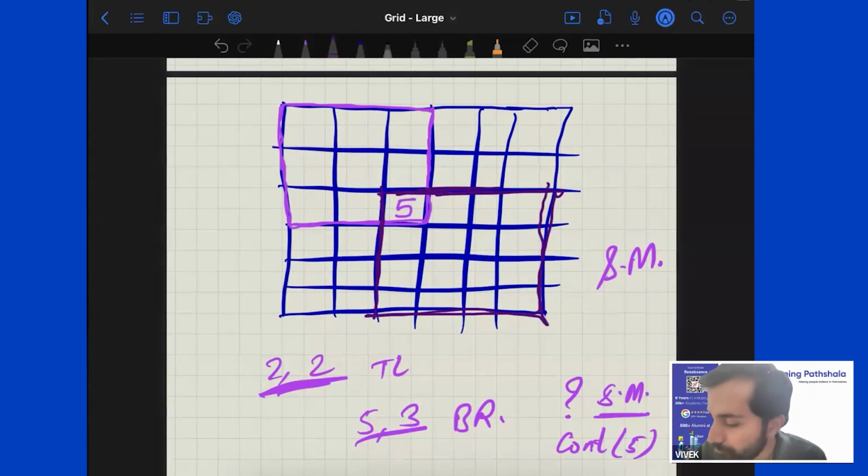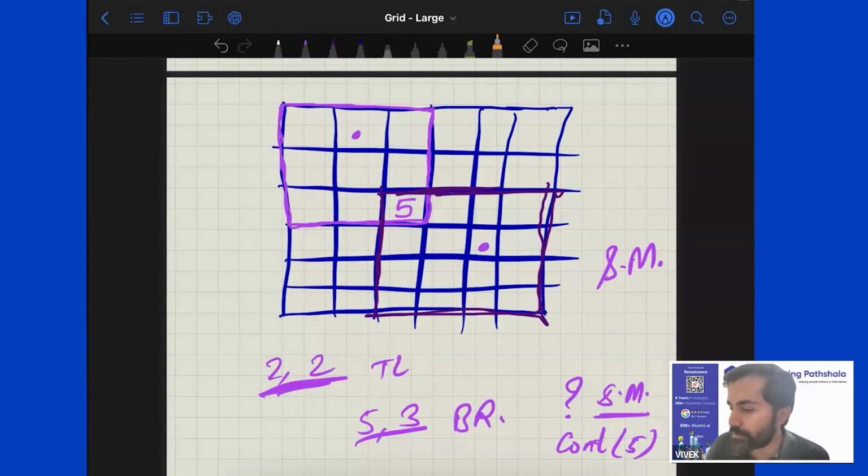For example, let's say the top left is this and the bottom right is that. Then what is the submatrix that you are considering? The submatrix that you are considering is this. And does it contain this 5? Yes. The answer is yes.